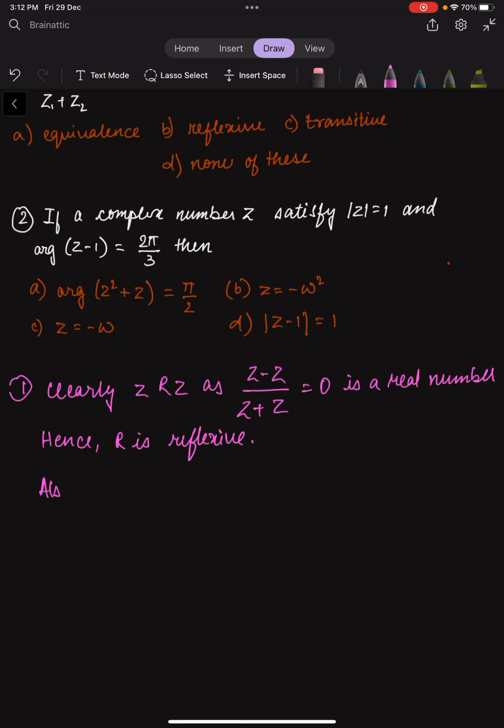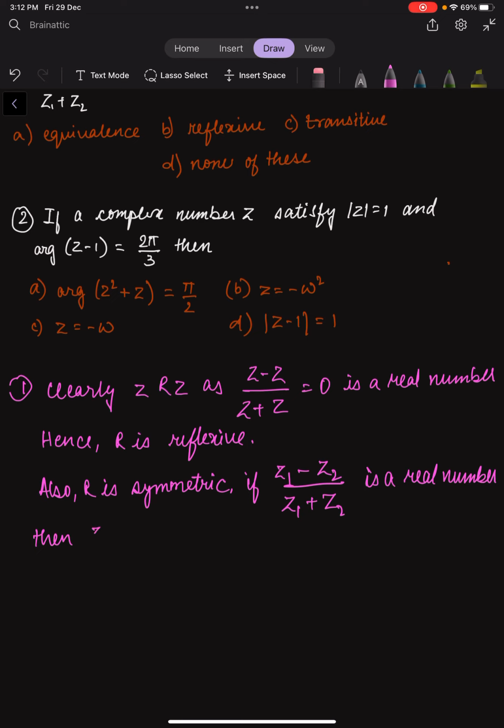Also, the relation R is symmetric if (Z1 minus Z2) divided by (Z1 plus Z2) is a real number, then (Z2 minus Z1) divided by (Z1 plus Z2) is also a real number.